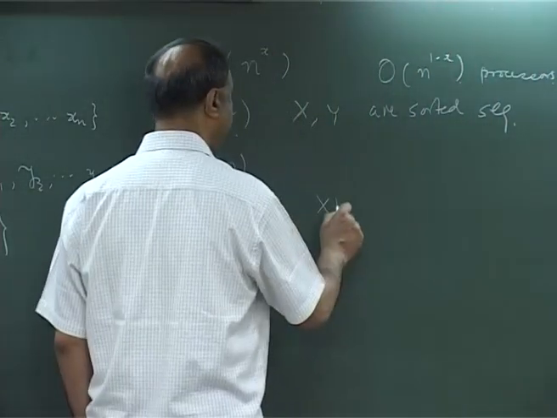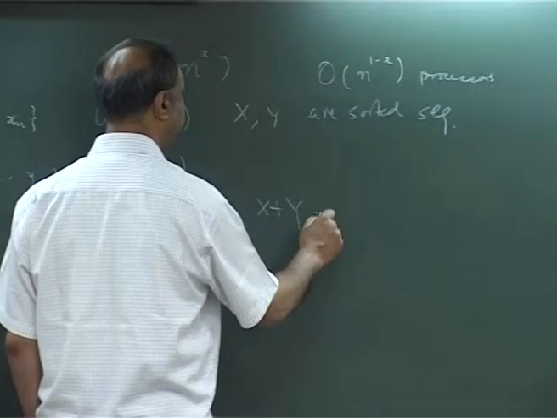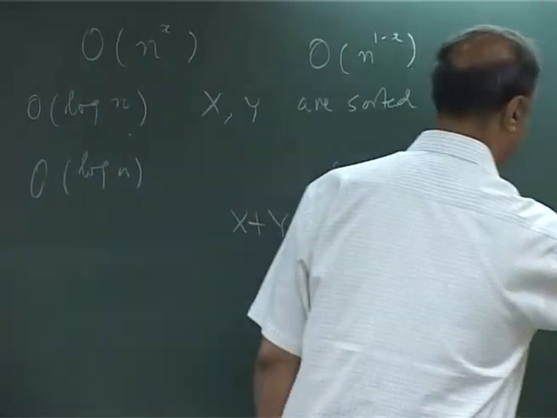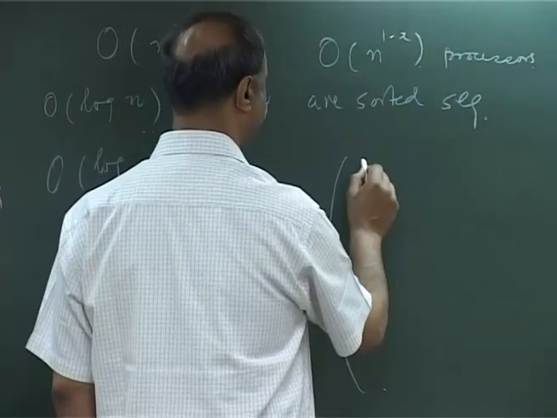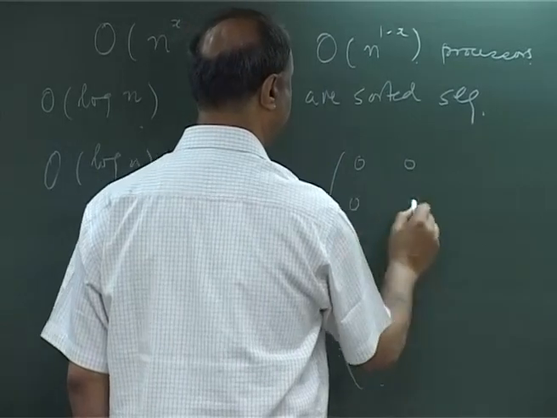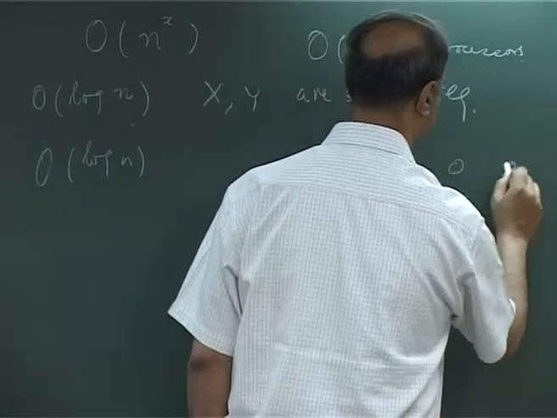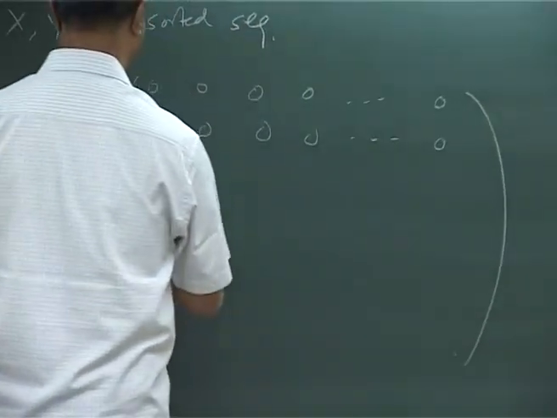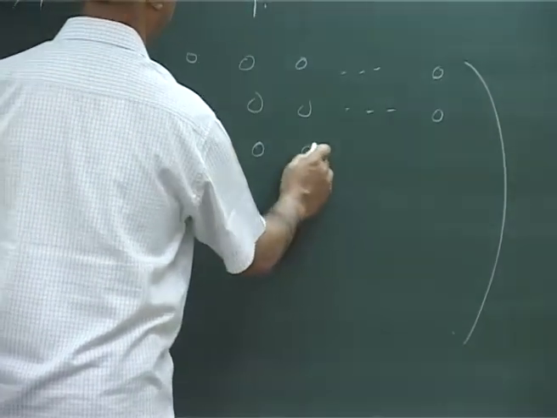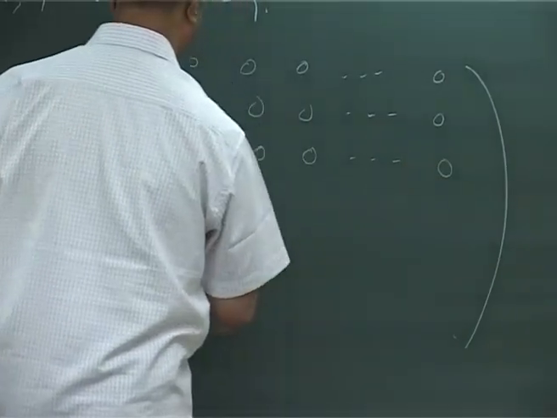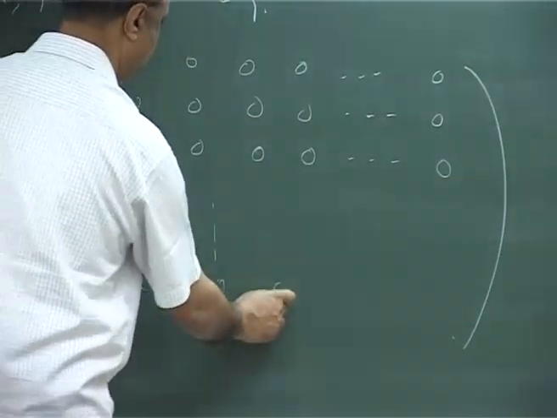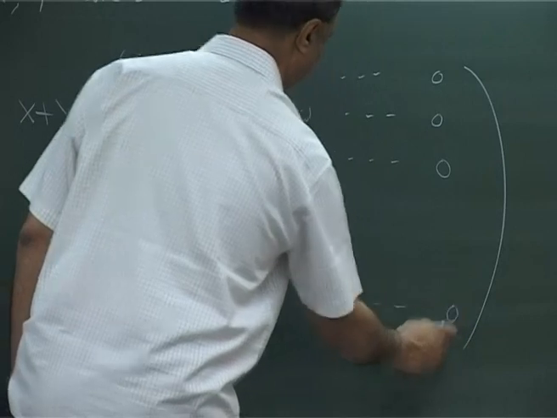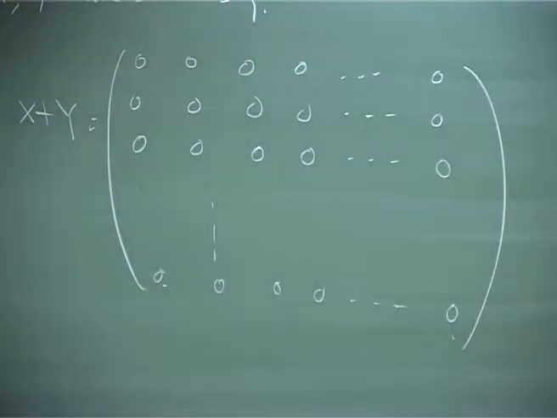Now what happens if X and Y are sorted? This is your n cross n element matrix. Suppose I am interested in finding the minimum element.